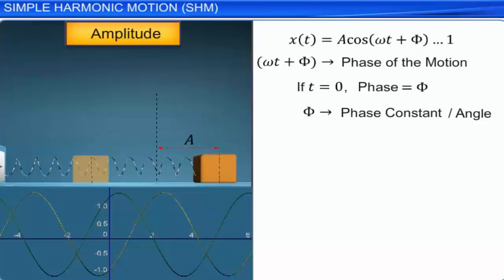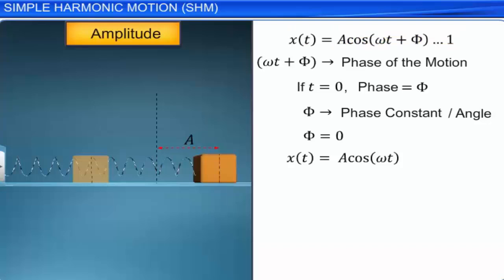For simplicity, if phase constant phi is considered as 0, equation 1 above can be written as x is equal to A cos omega t. We saw that when time t becomes equal to the time period T, the displacement x becomes equal to A. This implies that cos omega T is equal to 1, or omega T is equal to 2 pi.